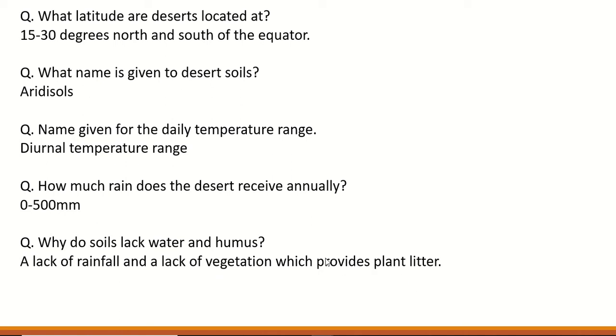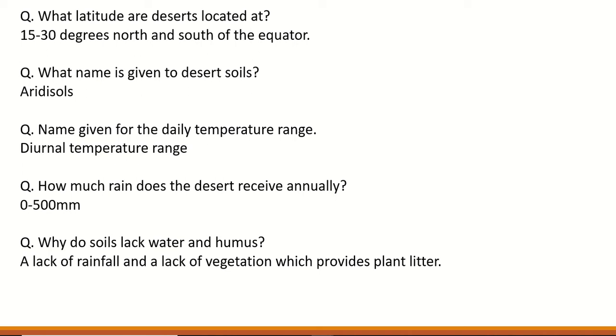In the desert, there's very, very little rainfall. Why is there very little rainfall? Well, we'll go through this now. Reason number one: a lot of deserts are beside cold ocean currents.